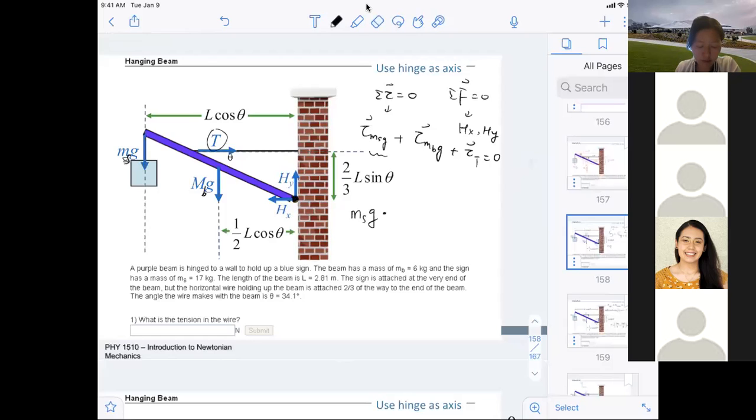So this one gives you a positive torque, you said, right? Yeah. Okay, so positive, and the lever arm is L cosine theta. So that would be my first term, right? This is the torque from the sign. Is that correct? Yeah. Okay, very good.